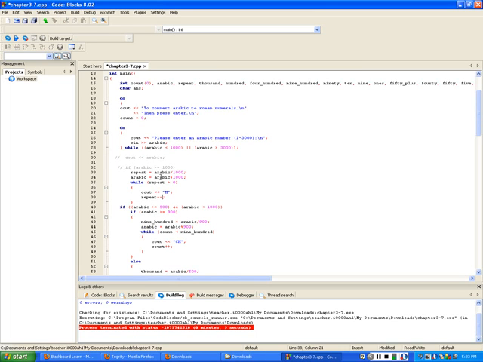Now if I wanted to use the count, where would I set it? After this, you have to set your count to 0. Why wouldn't I do it up top? Every time you do a while, you've got to set count to 0, because when you jump out, it's not 0 anymore. That's why it doesn't go through the rest of it. So this is going to work for that one.